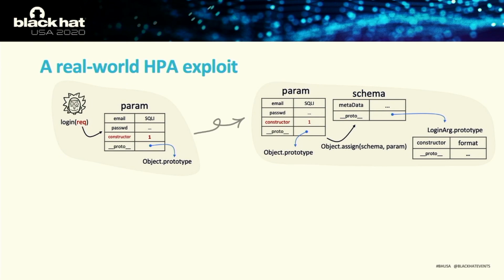To simplify the demonstration, let's just use Object.assign in this example. By performing the merging operation, the hidden property constructor is also transferred into the schema. So by performing such a transformation, we can now hijack the inheritance chain of the constructor on the schema object, like we have demonstrated in the second attack vector.